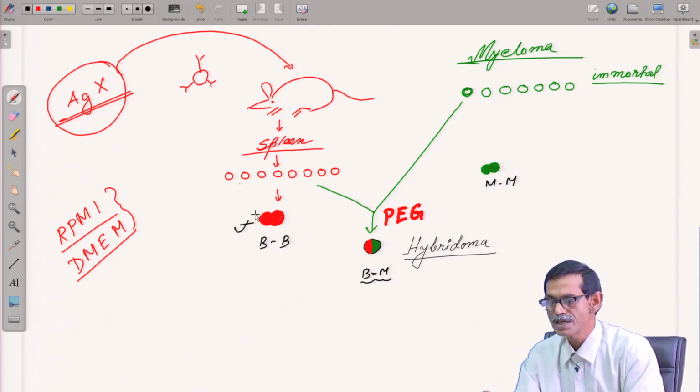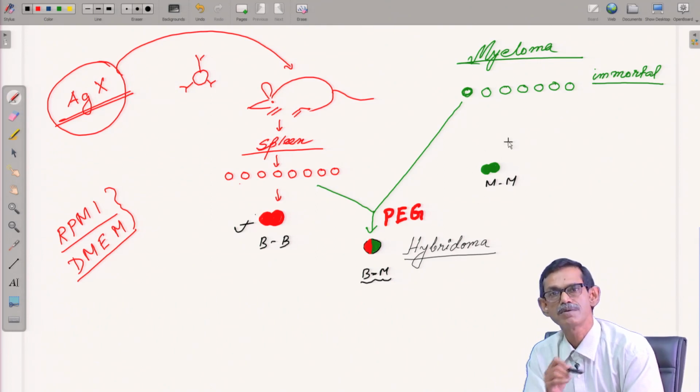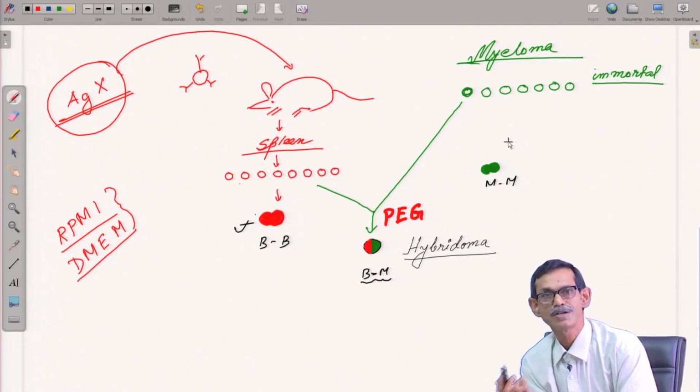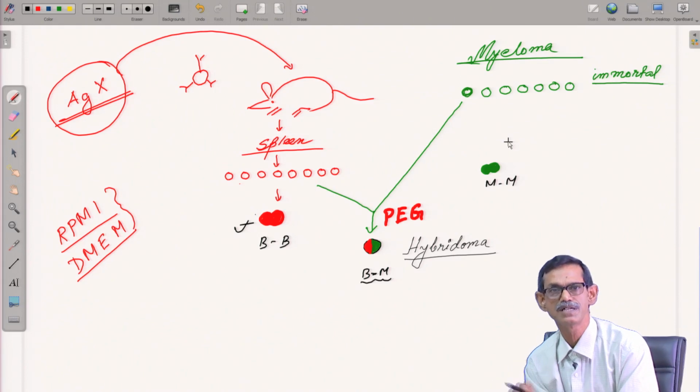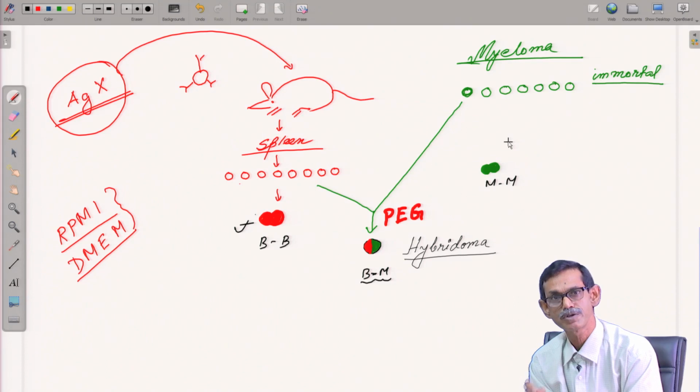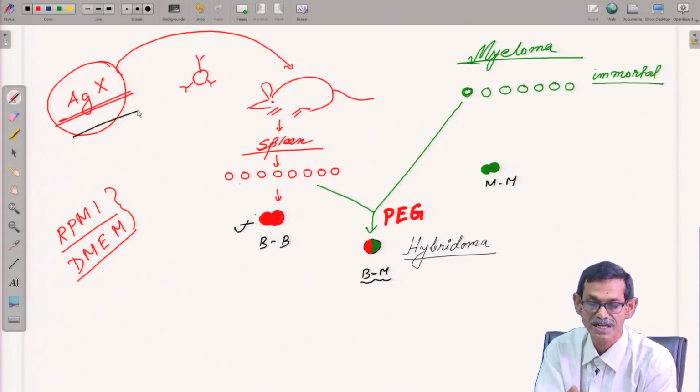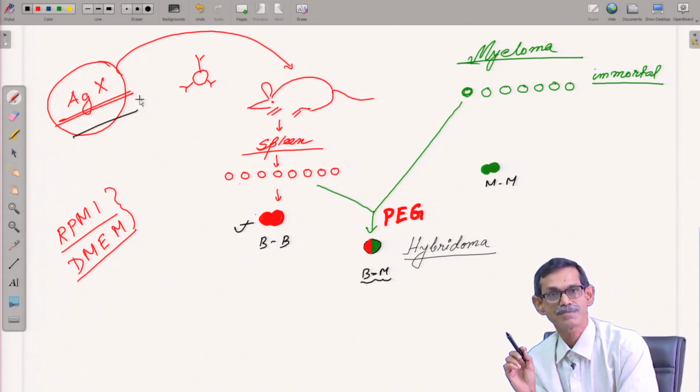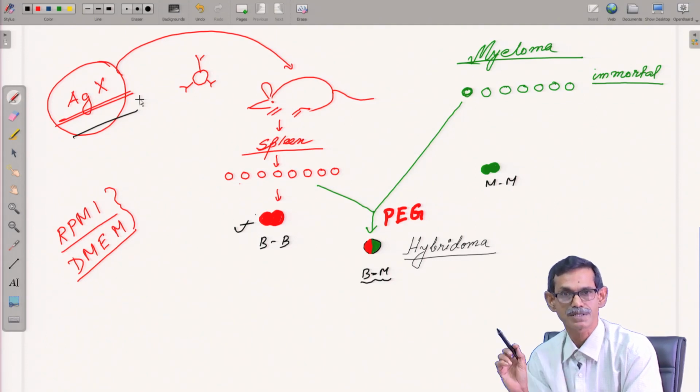But the problem is to get rid of this myeloma fusion, because after this experiment you have a huge number of cells, millions of cells. From there, finding the right one which will produce antibody against antigen X is a very tough job. It is cumbersome, a lot of work.